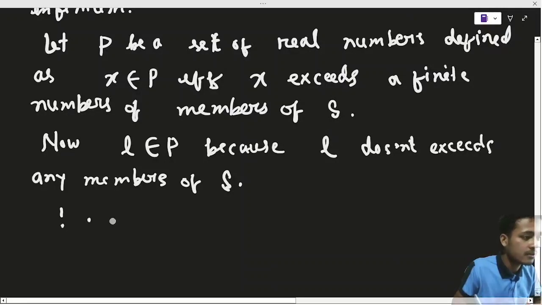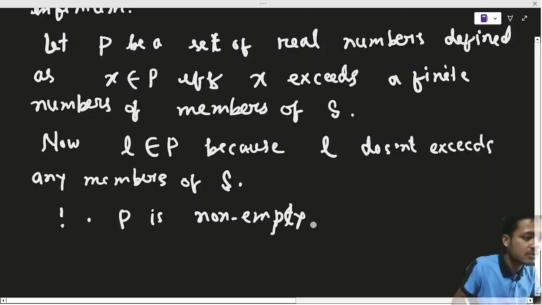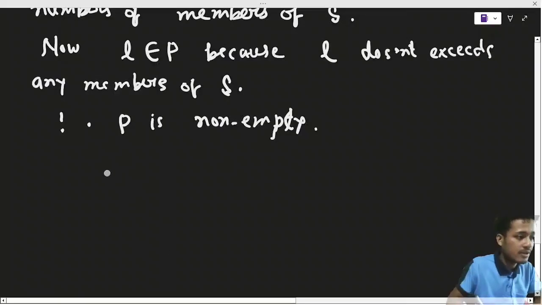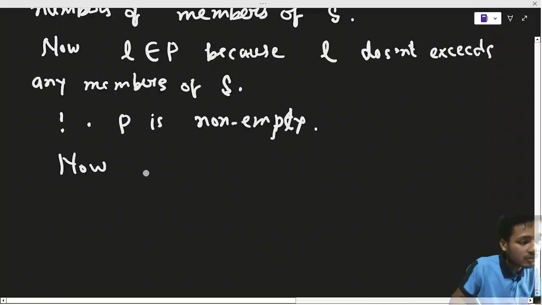Hence P is non-empty. That's it. Now P is bounded above.